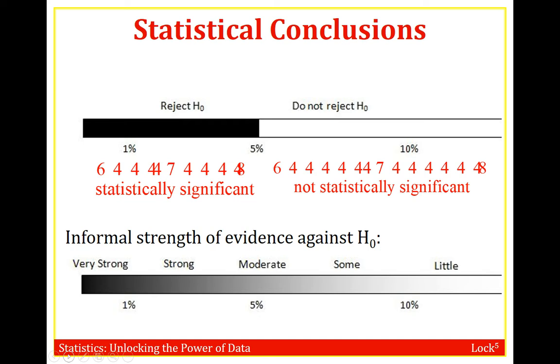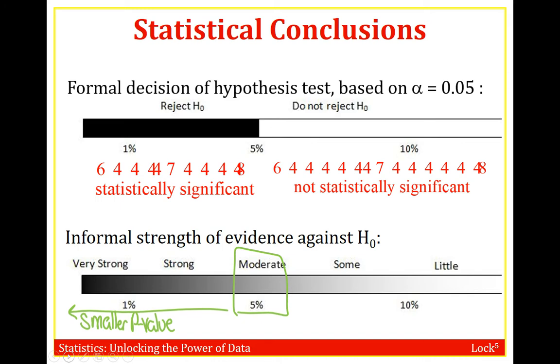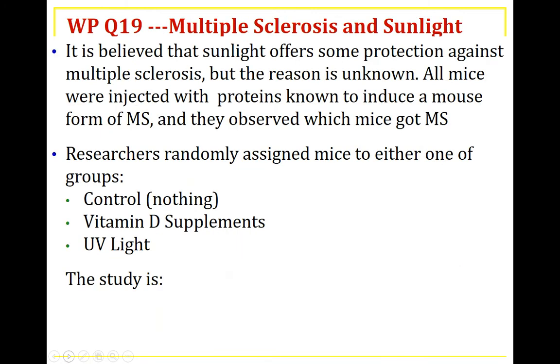In other words, if this is my norm right here, the further I get away this way, in other words, the smaller the p-value, the more strongly I feel about the evidence to reject H0. The smaller the p-value, the more strongly I feel comfortable rejecting H0. This is from the formal decisions based on an alpha level of 0.05.